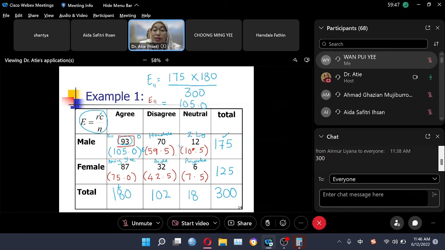For example, in this one the survey got 12 respondents, but statistics say you only need 10 respondents for this particular cell. So that's what O and E mean. Understand?